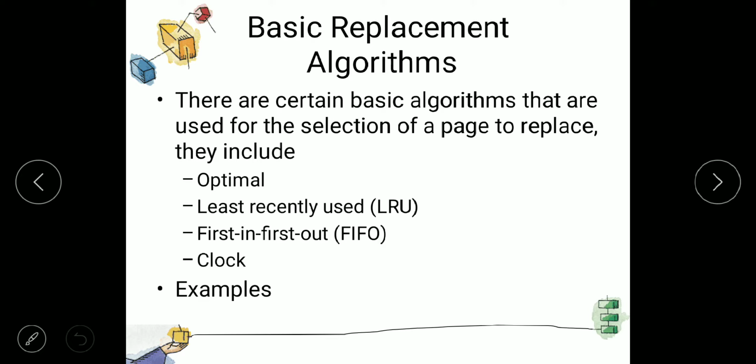So it needs to use fetch policy to fetch the referenced page from the secondary memory. Then it needs to use some placement policy, and if there is no place, then it needs to use a replacement policy.